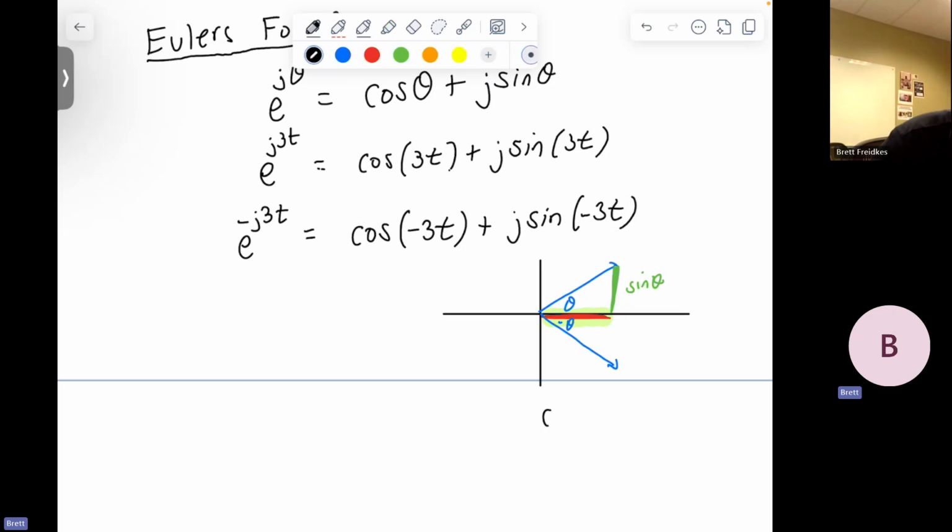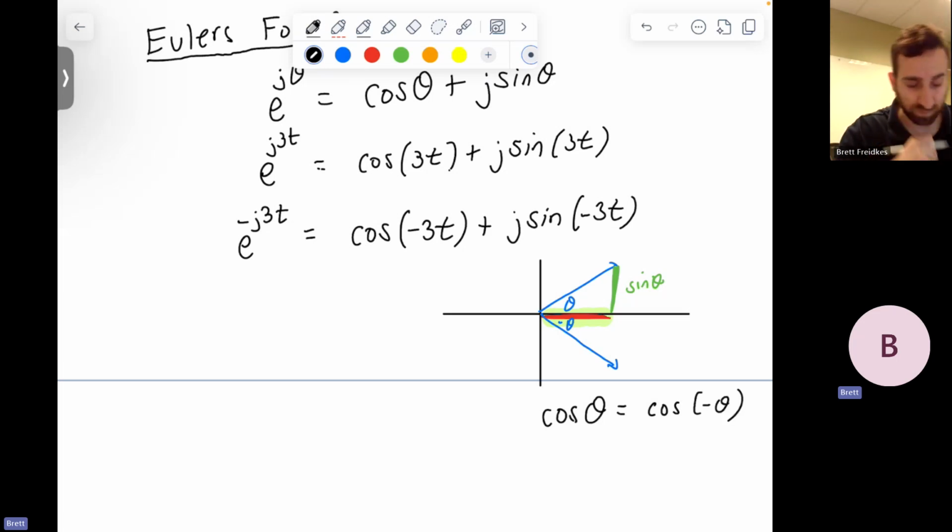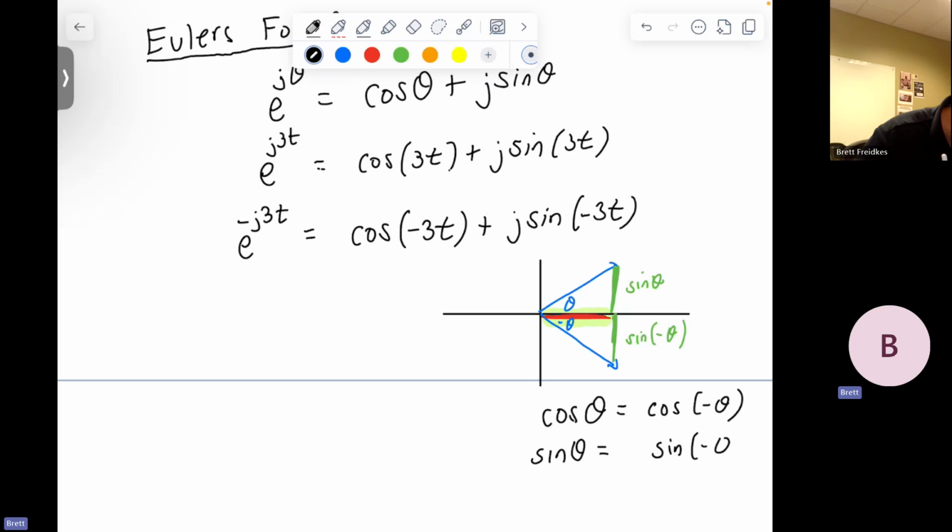The moral is that cosine of theta is the same as cosine of minus theta, meaning that these two expressions here are equal to each other, the cosines. While if you look at the sines, you'll see that the sine values are negatives of each other. So sine of theta is not equal to sine of negative theta.